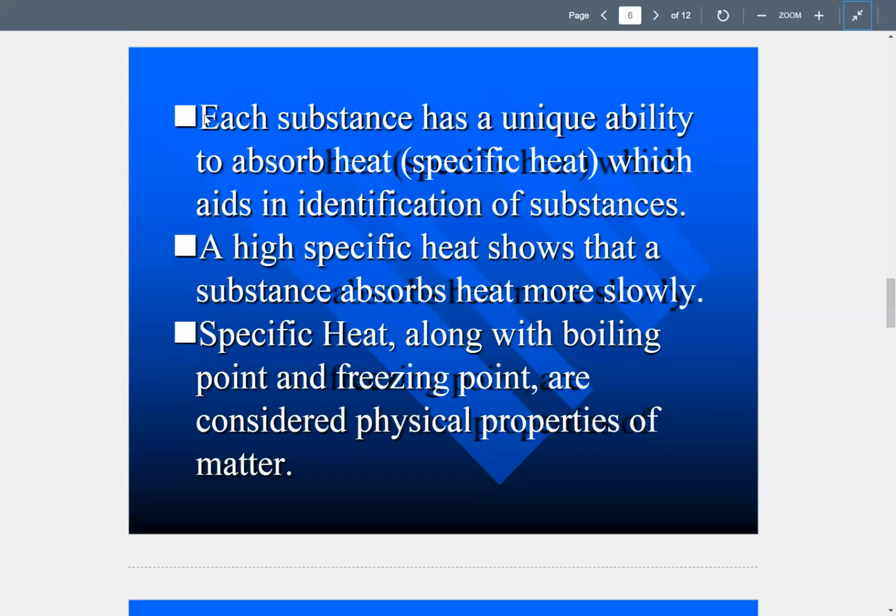So this leads us to a question then. Okay, water, the amount of energy that it takes water to change by 1 degree Celsius is a fixed amount called the calorie. But what about other substances? Do they have a fixed amount of energy it takes them to change 1 degree Celsius? And the answer is, yeah, they do.